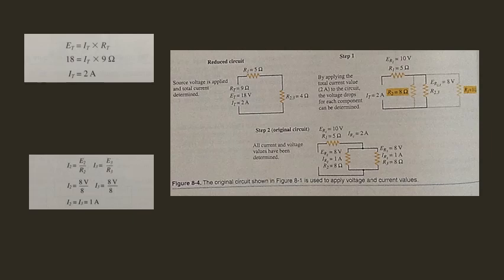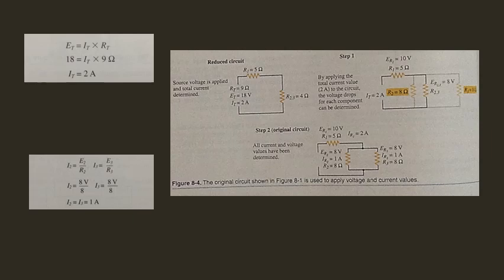Current 2 equals voltage 2 divided by resistance 2, which is the same as current 2 equals 8 volts divided by 8 ohms, equals 1 amp.